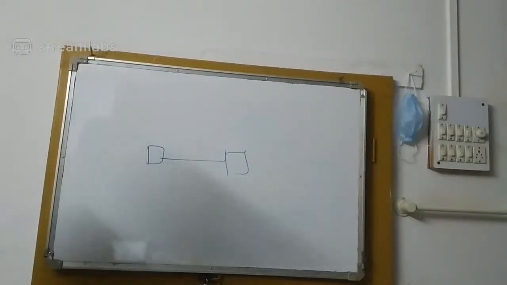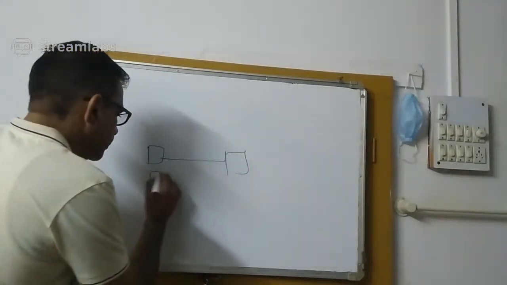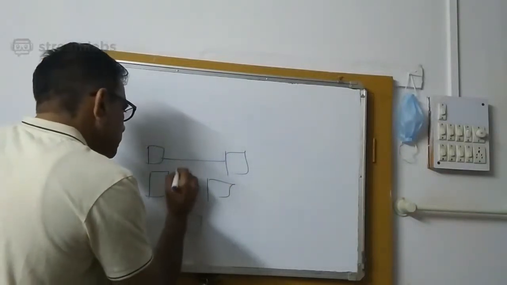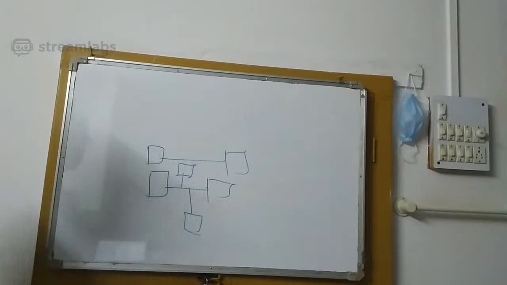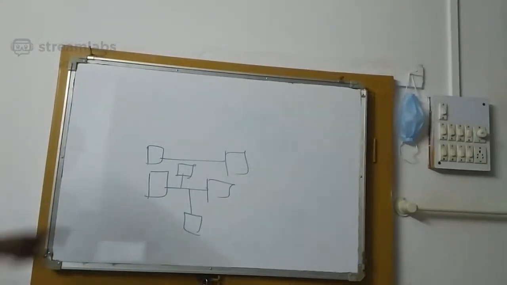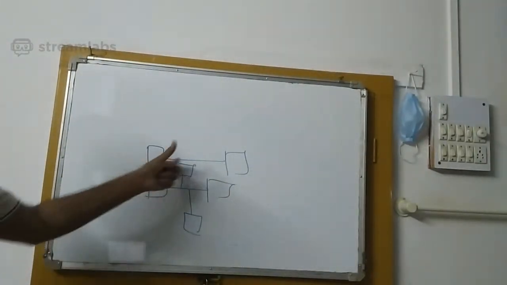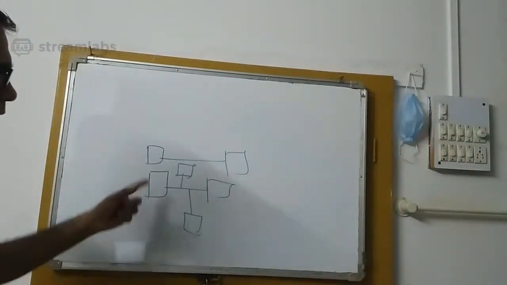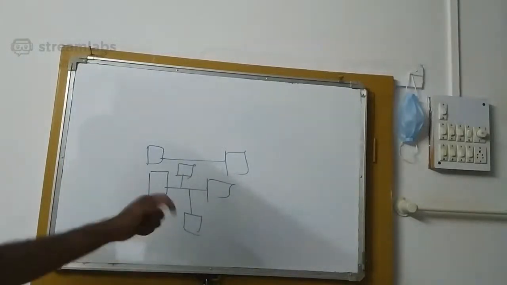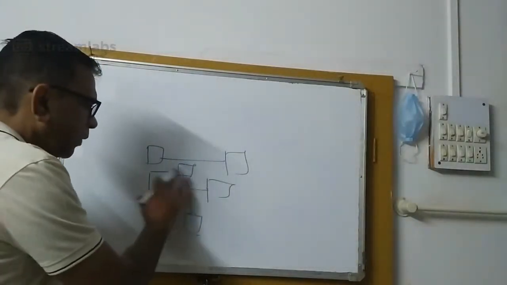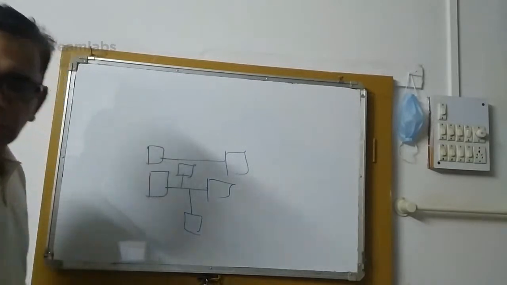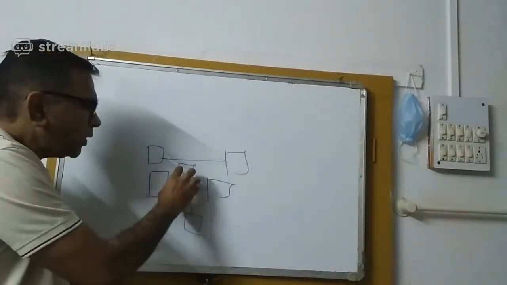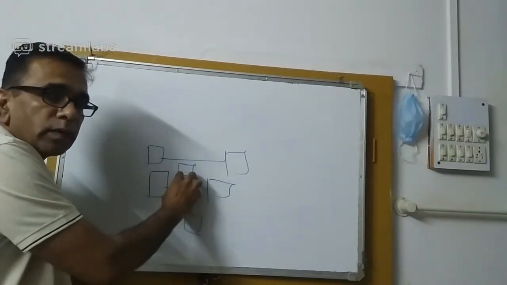Next is point to multi-point. Here I am going to have multiple devices connected on the same medium. In point to point, two devices are connected by a dedicated link. In a multi-point arrangement, multiple devices are connected to the same medium, so the medium will be shared. That is the reason we call it a broadcast kind of medium.